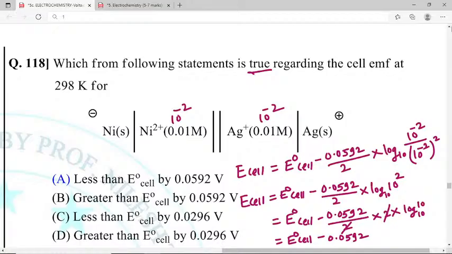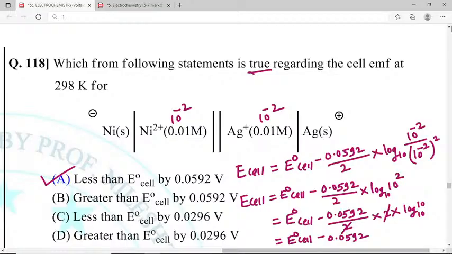So what is your answer? Less than E naught cell by 0.0592 volt. Please check question number 118. Everyone please check question number 118. I am right here. The 2 gets cancelled and log 10 to the base 10 value is 1.